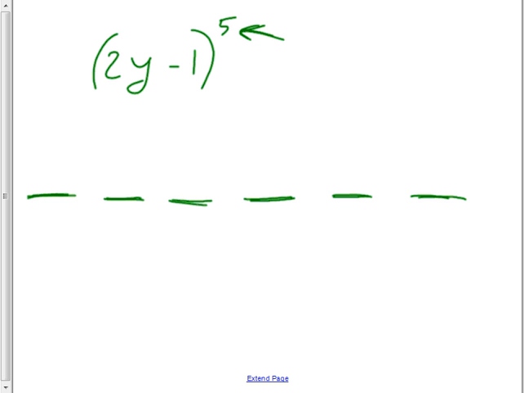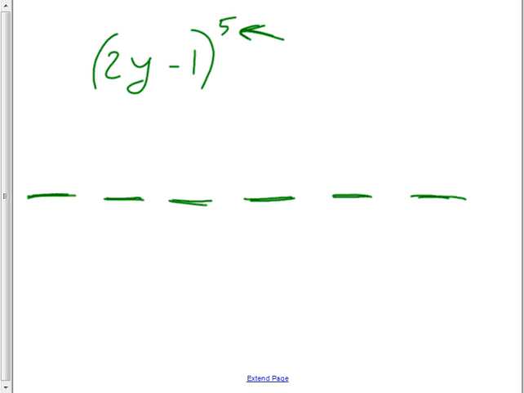And there's a pattern. Okay, write this one out. You start with the 2y. Start with the 2y to the 5th. Your first term has a 2y to the 5th in it.